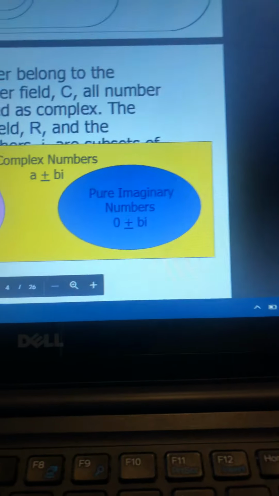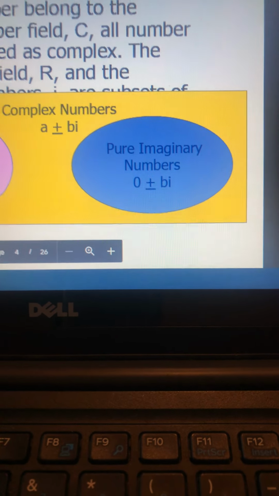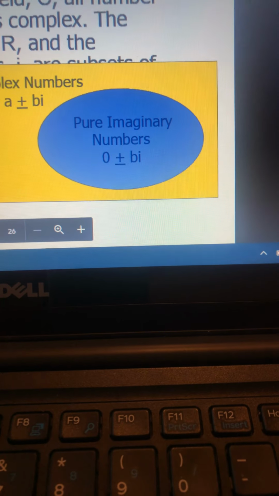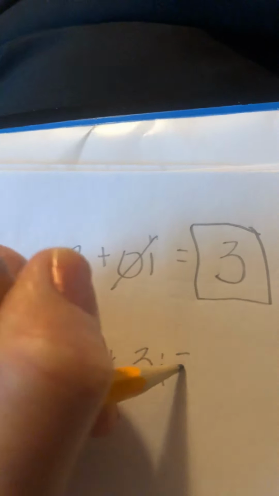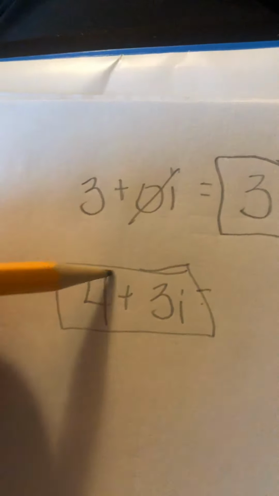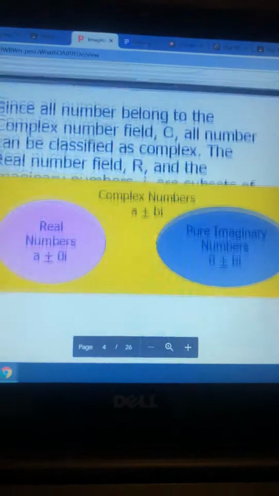Then we have our pure imaginary numbers, which can be a plus bi, where b would be equal to a number. Like 4 plus 3i, that's as simple as it gets, and that is what we call a complex number. It contains the real number, and then it contains the imaginary number. Okay, so let's keep going.